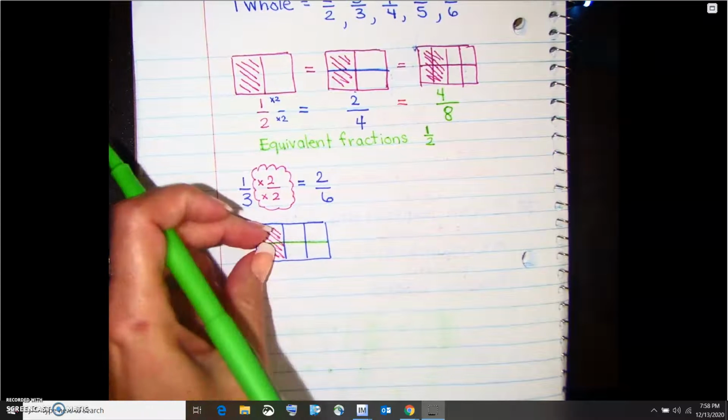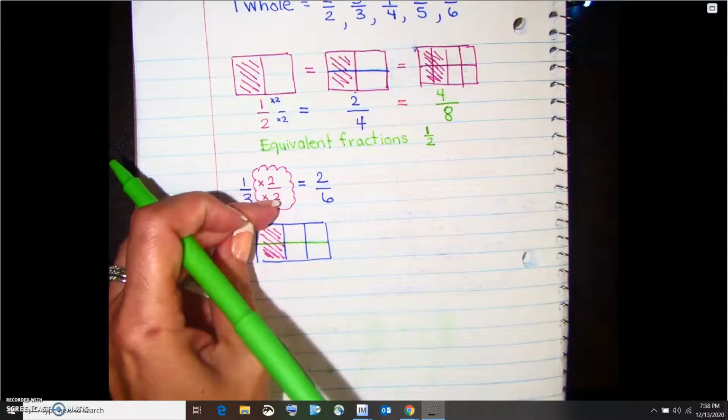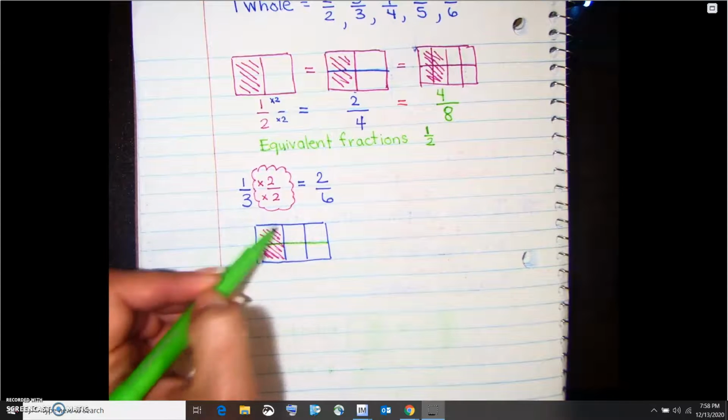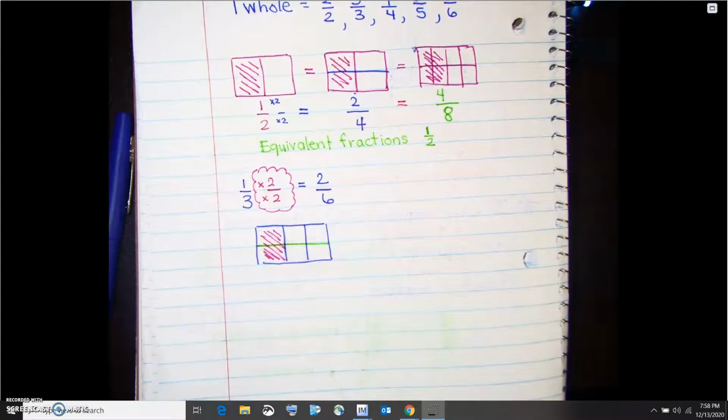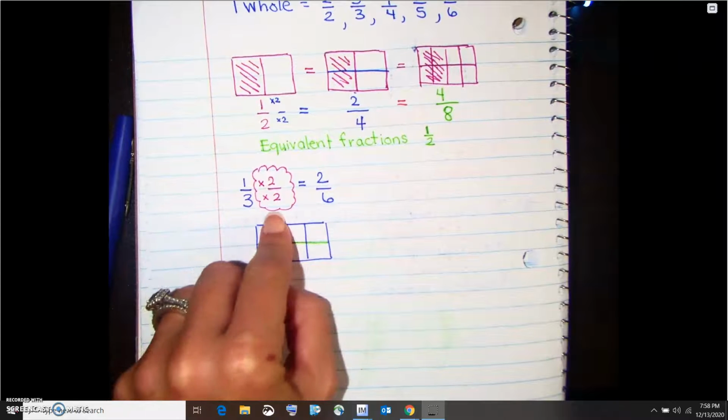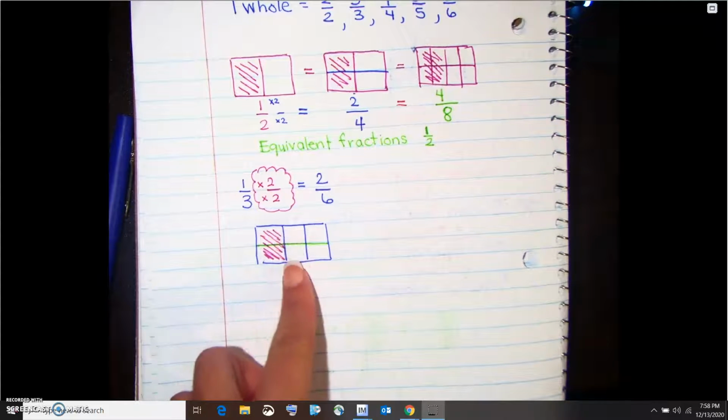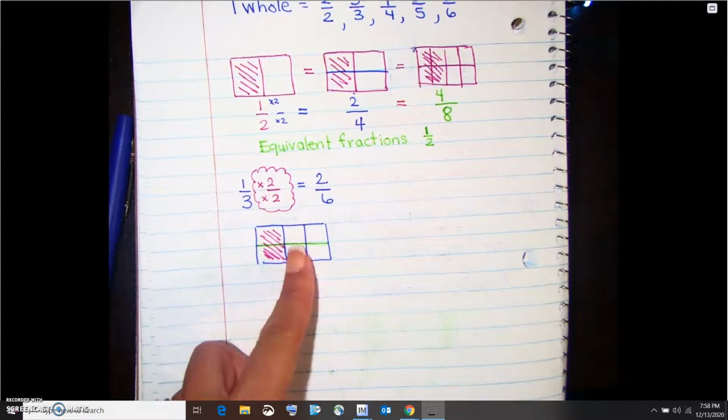So I made it by 2 more parts, didn't I? And it's the same. 1/3 is the same as 2/6. So I just proved that this mathematical strategy is another way to do it besides drawing pictures. They mean the same thing.